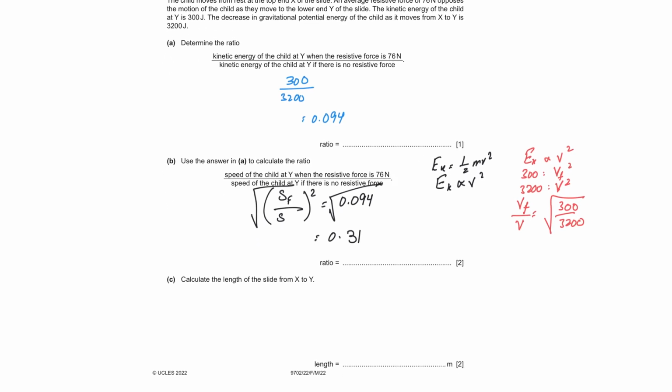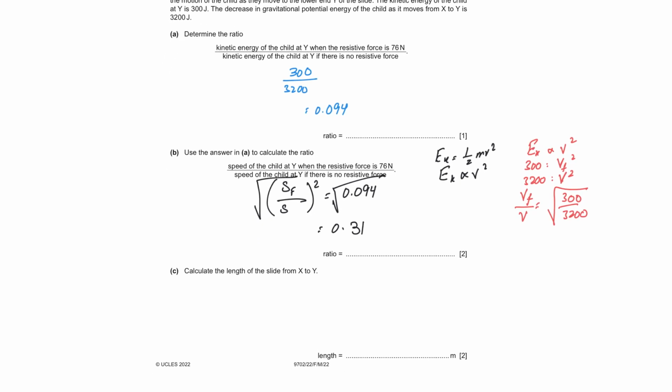Part C says, calculate the length of the slide from X to Y. What is the length of the slide? What do we know here? We know that 76 newtons is the resistive force. Do we know the work done against this resistive force?